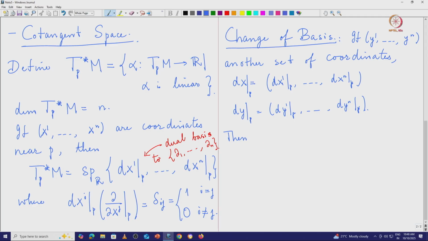Then we have the following transformation formula, that dy is simply the row vector dx multiplied by del y by del x.